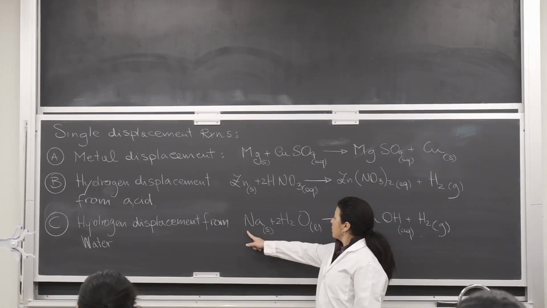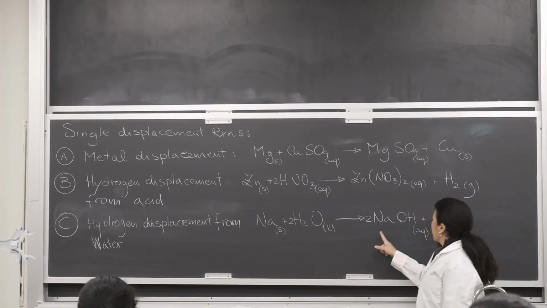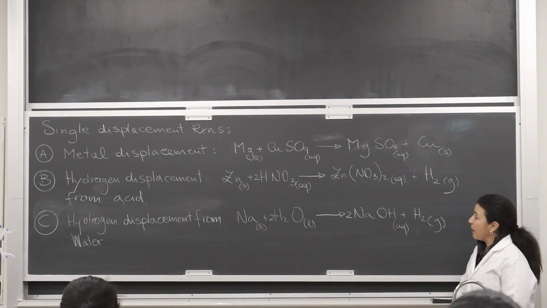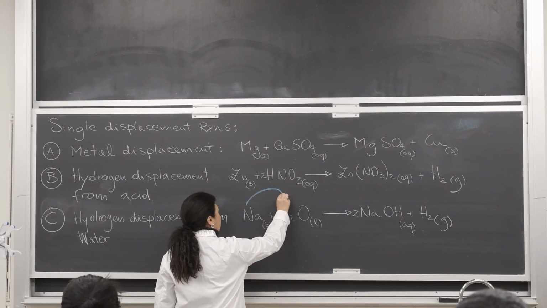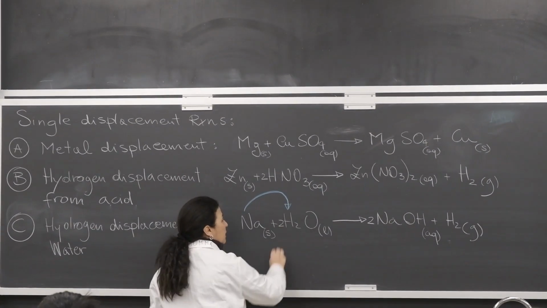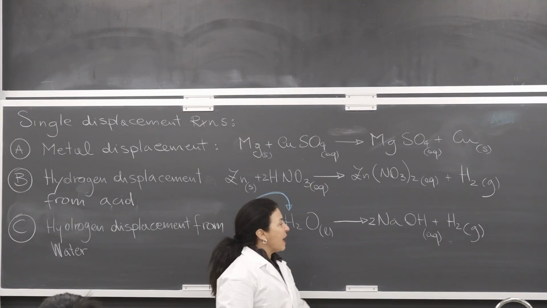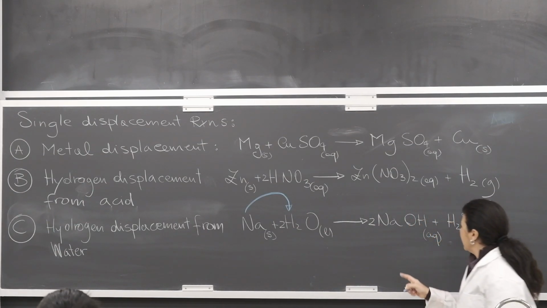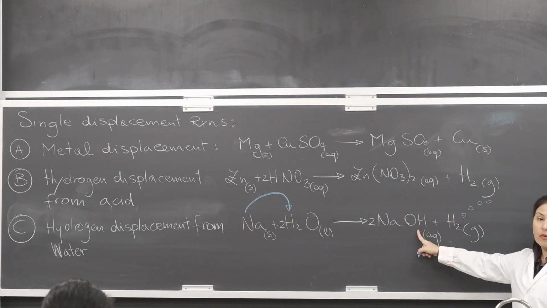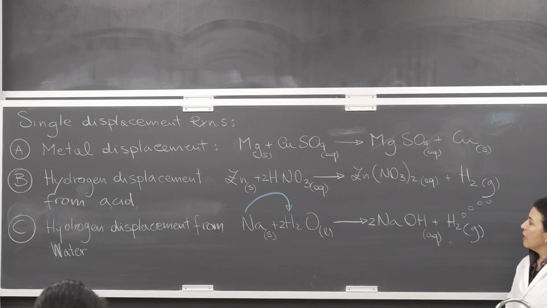Here is an example: sodium plus water displaces the hydrogen. So the sodium takes the place of the hydrogen. The hydrogen is displaced as a gas, so we will be able to observe bubbling, and we form sodium hydroxide.